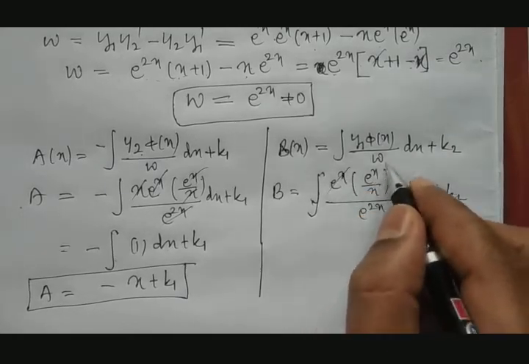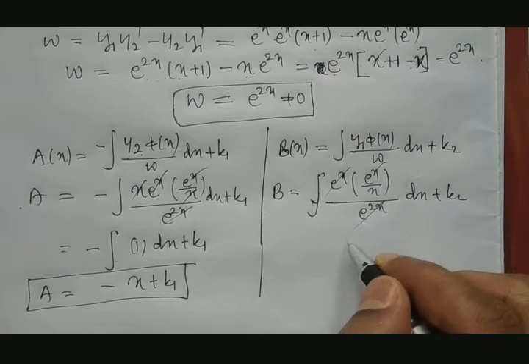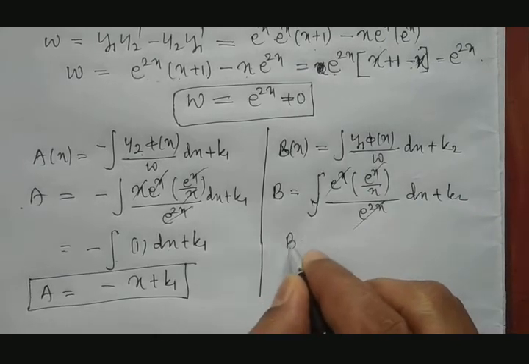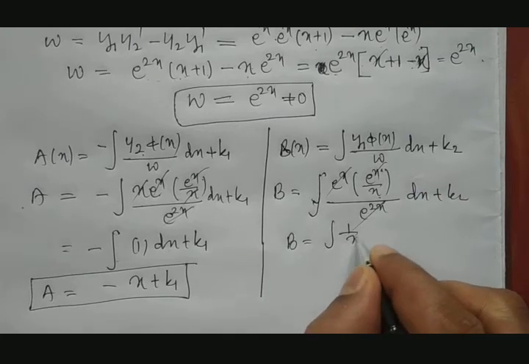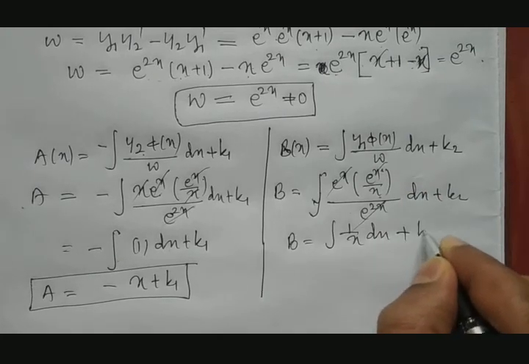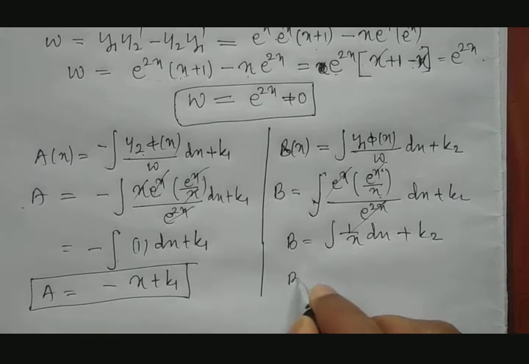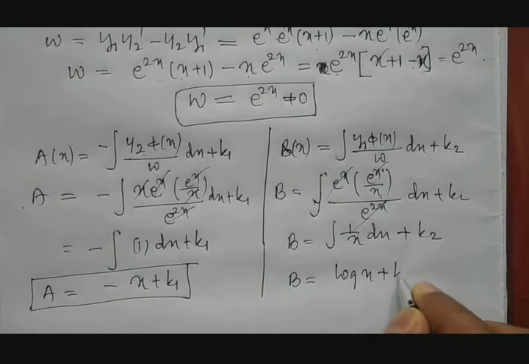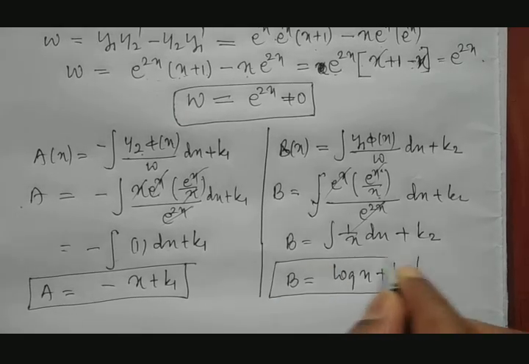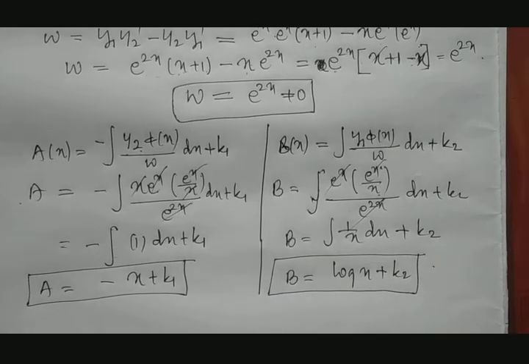Here e raised to x into e raised to x becomes e raised to 2x, which gets cancelled. Therefore b is equal to integration of 1 by x with respect to x plus k2, which is log x plus k2. Therefore we got a and b.